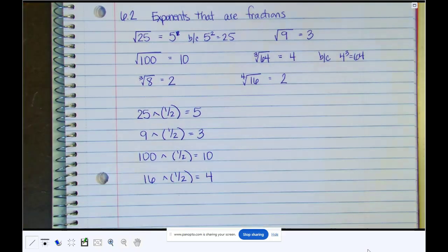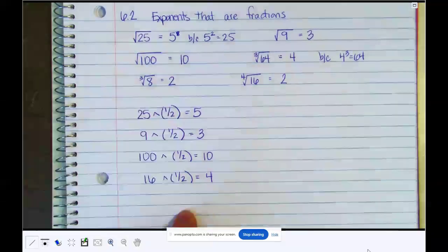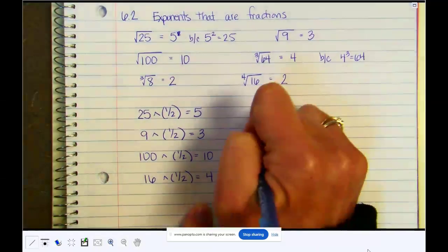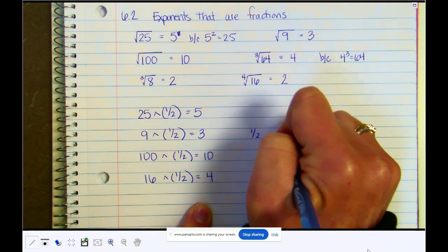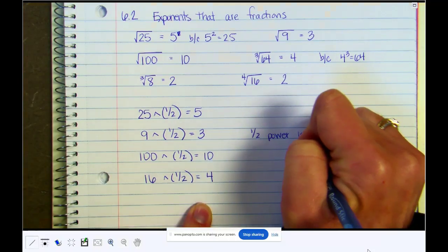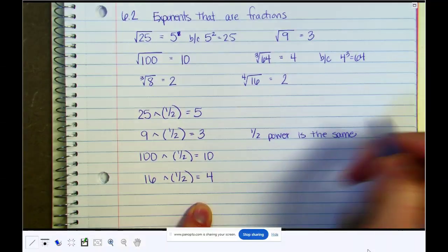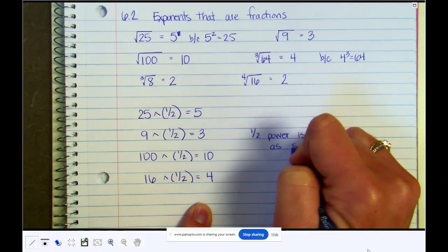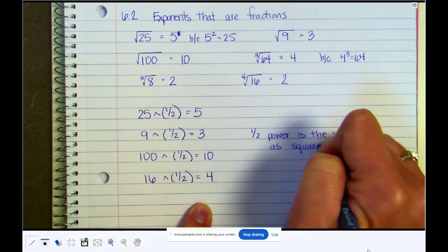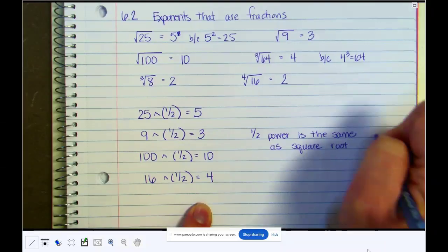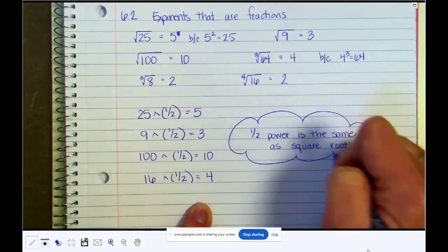Because here's what we want to know. A 1/2 power, and I want you to write this down, is the same as a what? Square root. Okay, a 1/2 power is the same as a square root.